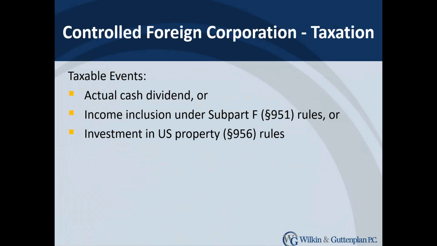And the third major triggering event for U.S. taxation is the investment in U.S. property under Section 956 rules.